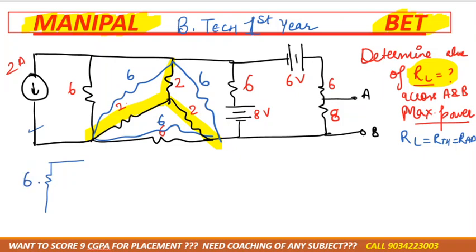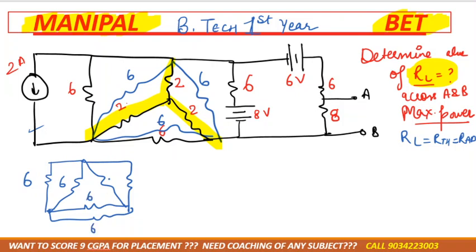Okay, now 6 as it is, this 6 and this 6 with the voltage source, and this one is parallel with this, and the rest of our circuit is the same, right?